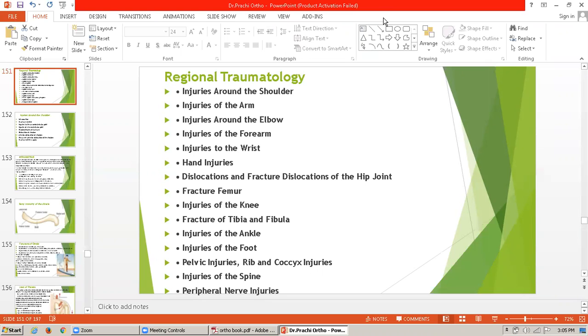dislocation and fracture dislocation of the hip joint, fracture of the femur, that is a very important topic, then injuries of the knees, fracture of the tibia and fibula, injuries to the ankle, injuries of the foot, pelvic injury, ribs, coccyx injury, injury of the spine, and peripheral nerve injuries.